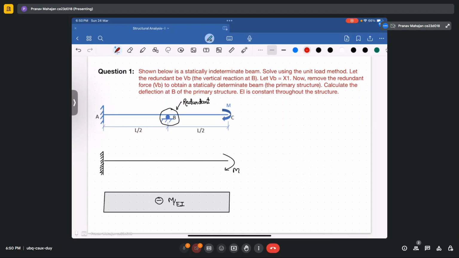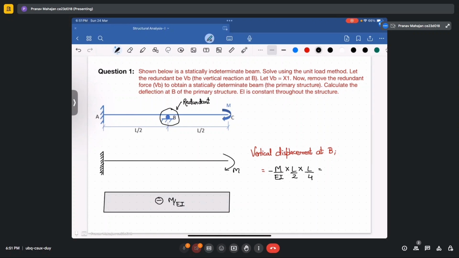So here your vertical displacement at B will be equal to, first we will write the area of this bending moment diagram, M upon EI into L by 2, and it will be acting at a distance of L by 4.